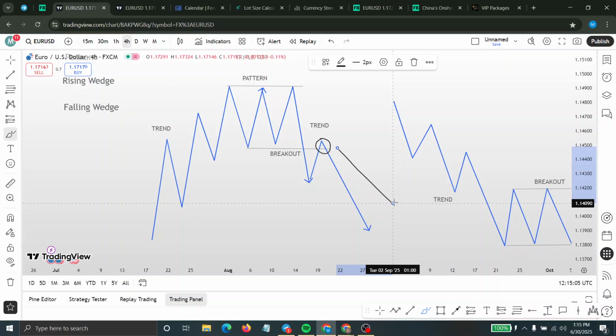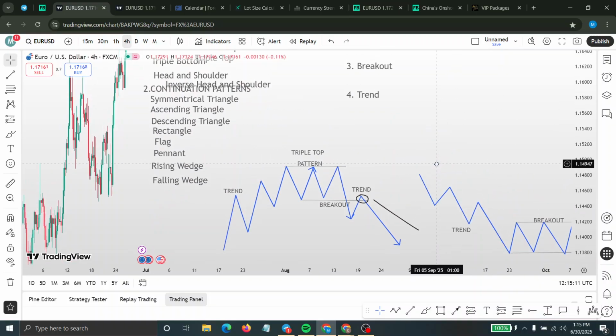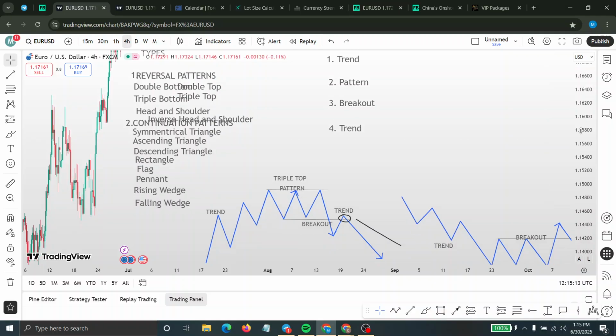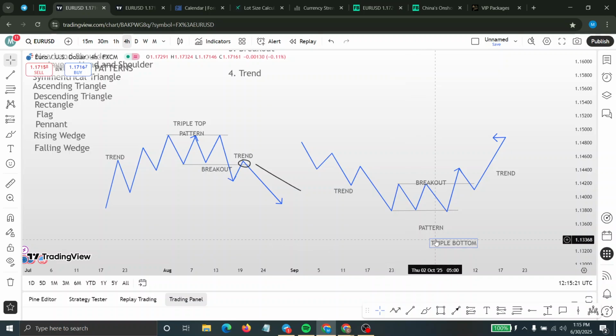So if you apply the same concept of our rules to the formation of a chart pattern, we have a trend, we've seen a pattern, a breakout, and also a trend. Same goes for the triple bottom.